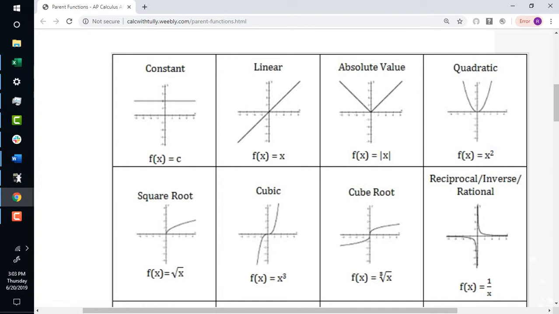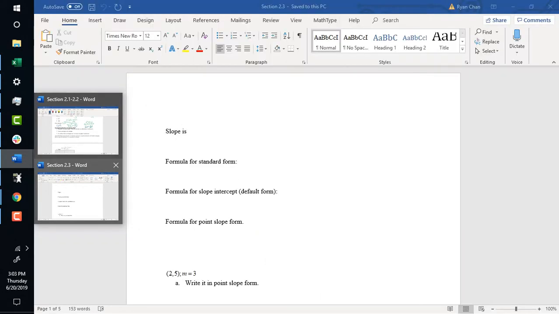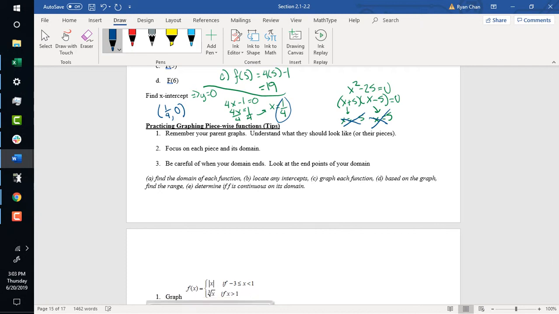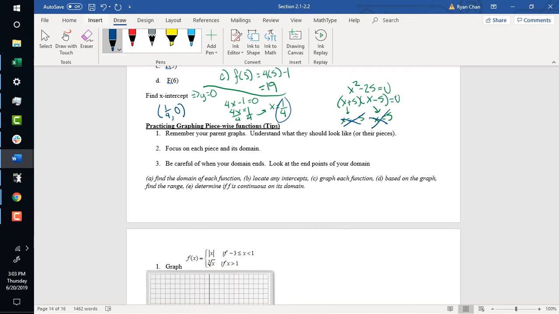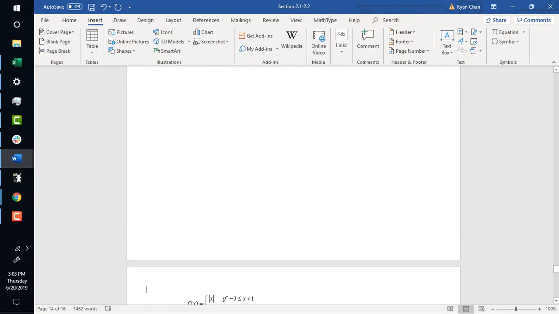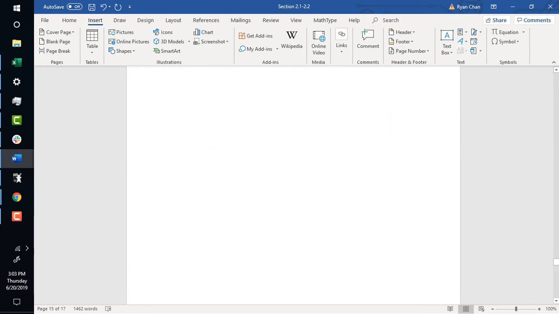What I'm going to do here is make a new page. I'm going to insert a new page, so let's understand the concept of piecewise. Let's say you have a parabola.